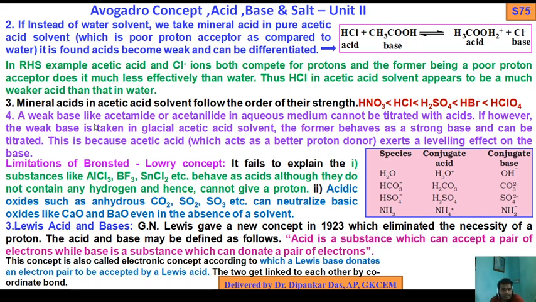A weak base like acetamide or acetanilide in aqueous medium cannot be titrated with acid. If, however, the weak base is taken in glacial acetic acid solvent, the former behaves as a strong base and can be titrated.